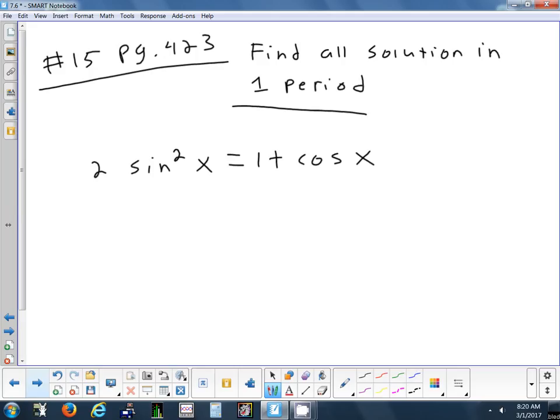And while people are looking that one up, does anybody remember the formula, period of cosine? That's just basic cosine. What's the period of that? Yep, period of cosine is 2 pi. And what's the period of sine squared?